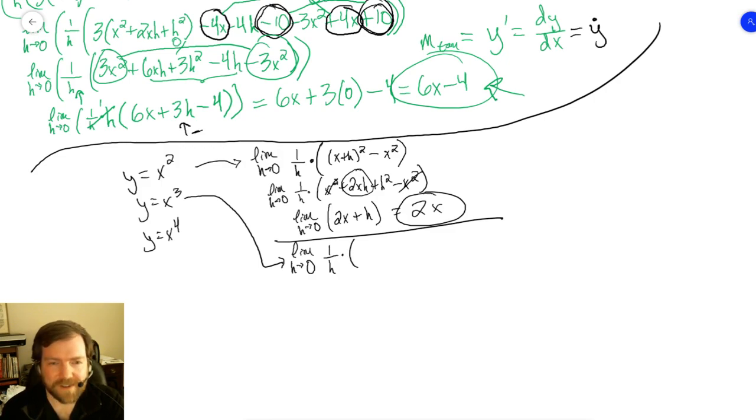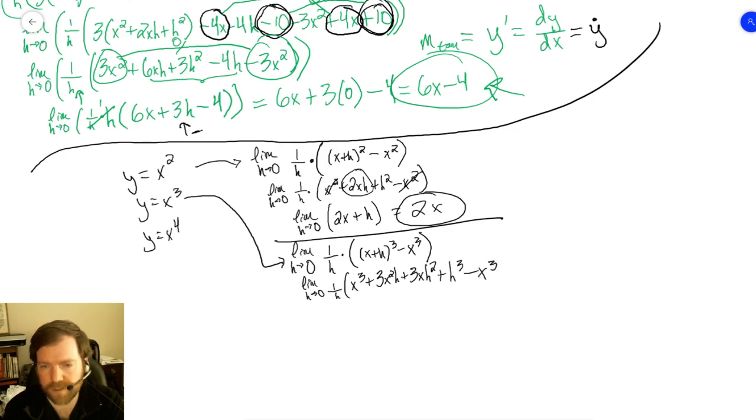This ends up being x plus h cubed minus x cubed, which is going to be the limit as h approaches 0 of 1 over h times the quantity x cubed plus 3x squared h plus 3xh squared plus h cubed minus x cubed.